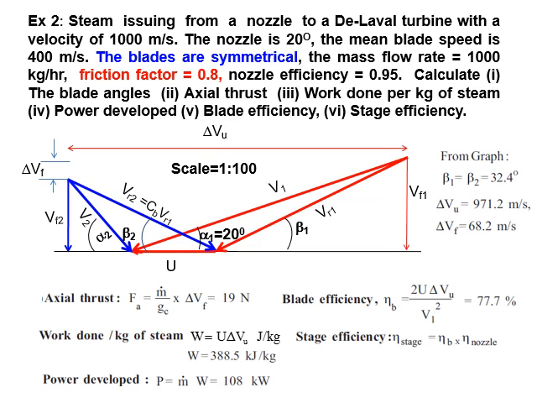Stage efficiency is the product of blade efficiency and nozzle efficiency. We know the values of blade efficiency as well as nozzle efficiency. Substitute here and find out the stage efficiency, that is equal to 73.8%. So that is the second numerical on the single stage impulse turbine.